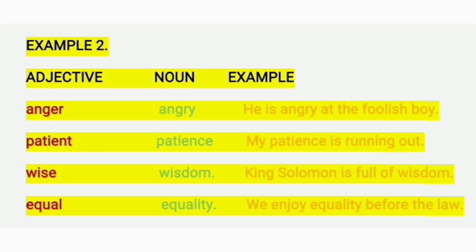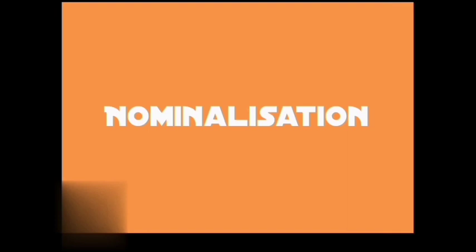We enjoy equality before the law. So by the simple addition of suffixes, you could see how a word or words that were originally adjectives have finally assumed the function of a noun. This is how nominalization is done.